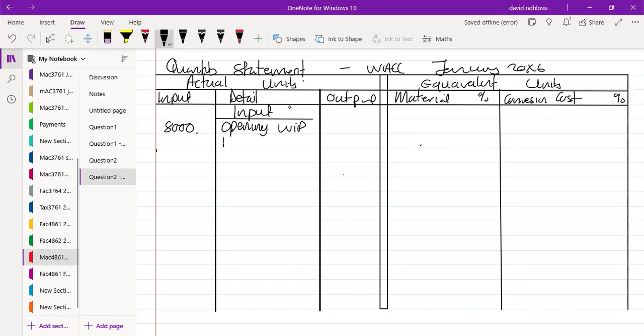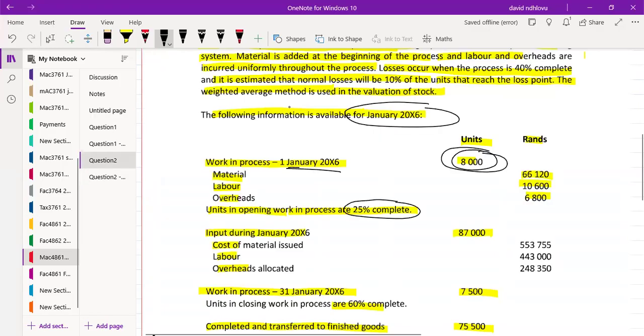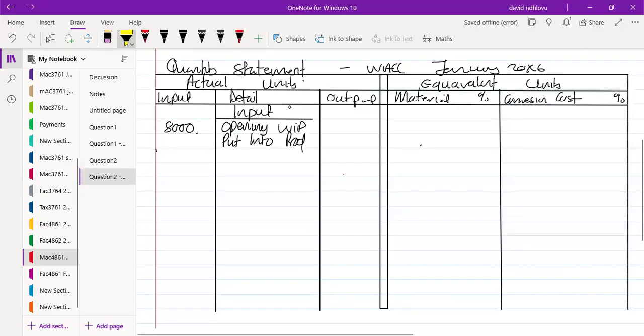So you say put into production: how many new units did we commence with production? These will be given. It says here, input during January, so we introduced material for the production of 87,000 units. So you bring in the 87,000 units.